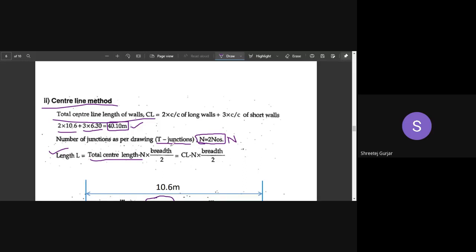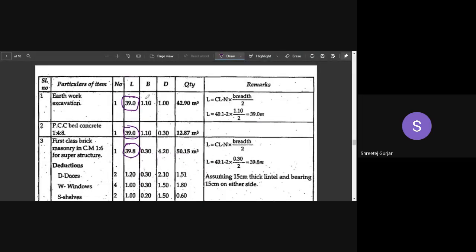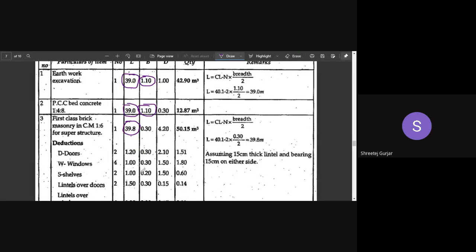What is this breadth? This breadth is the breadth of a particular item of work. So here, this is your breadth for this item of work. You have various breadths, and this B value you have to use for calculating the length.